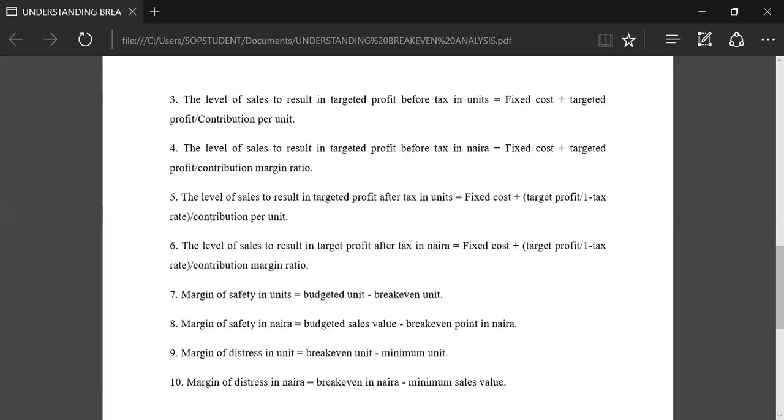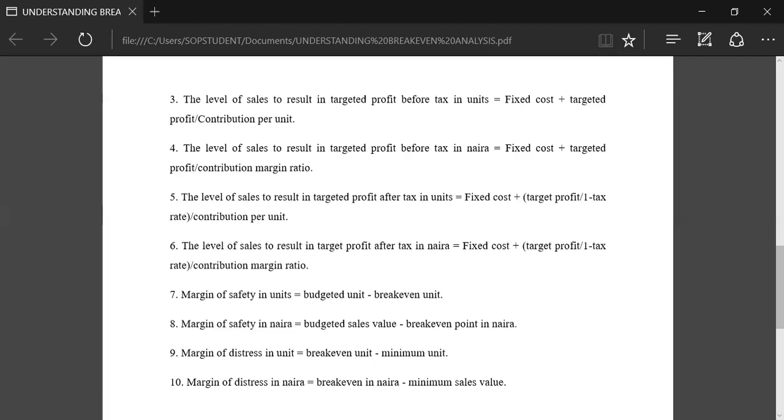For example, the tax rate is 30% in Nigeria. So when we take out 30% from 1, it gives us 70% or 0.7. And so we divide the target profit. For example, we want to make a profit of 10,000 naira. So we divide 10,000 by 0.7.